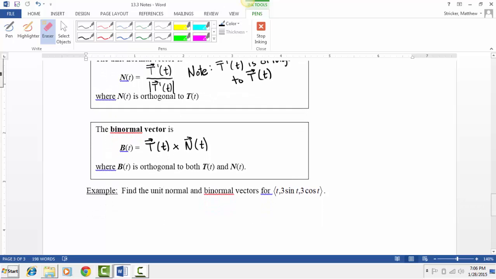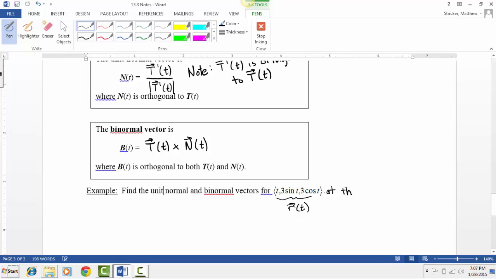It says find the unit normal and binormal vectors for the vector t, 3 sine t, and 3 cosine t. So we're going to consider this to be our vector r of t, or our vector function. And I would like to add one thing to this problem. I'd like to say not only find those vectors, but find those vectors at a specific point.